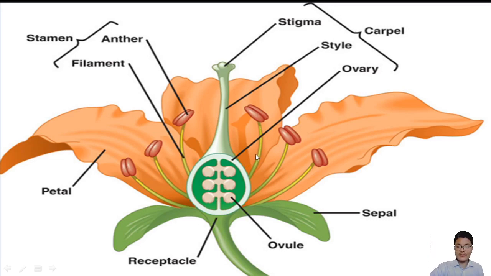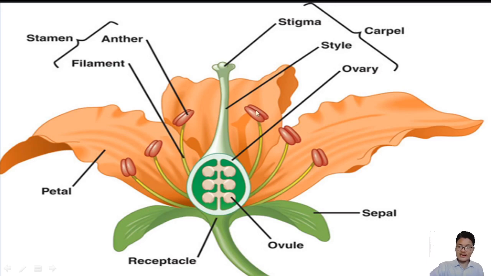And around the ovary, if the flower is bisexual, we have stamens. Stamens have an anther, a bilobed anther, and a thin filamentous structure called the filament, which is attached to the thalamus. Even carpels are attached to the thalamus.